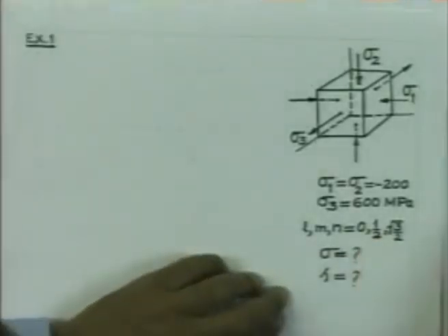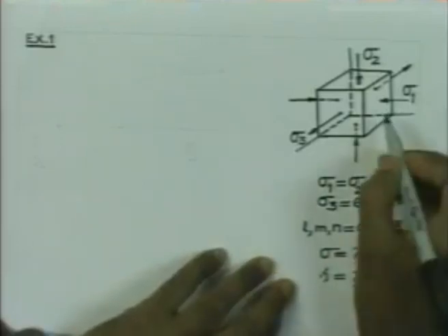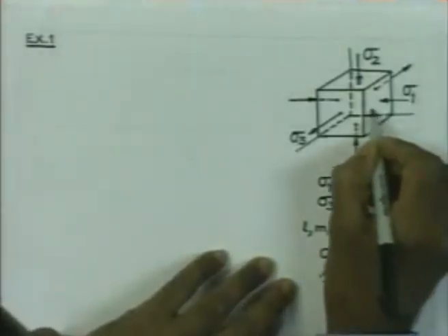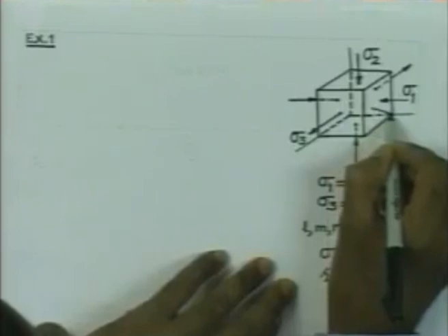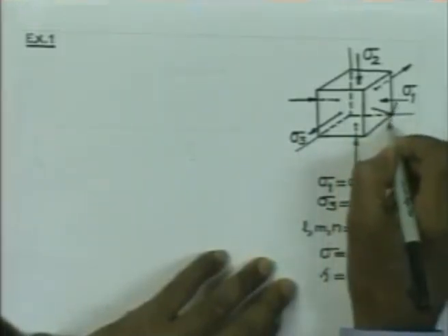So, we are given the plane whose outer normal is approximately like this, and therefore, the plane normal to this could be this one.